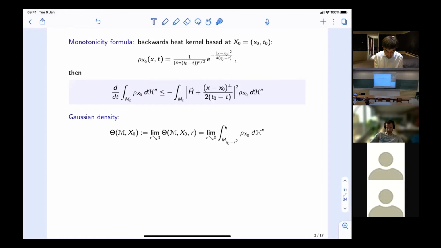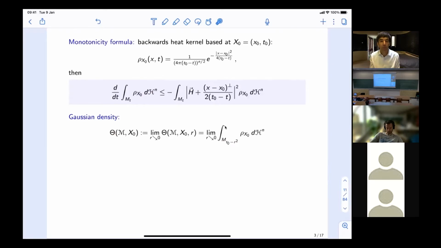You take that quantity at final time minus r squared, since time scales like space squared. So you take the radius r within minus r squared, it's just a formalism here. And then you take the limit as r goes to 0. That's called the Gaussian density.